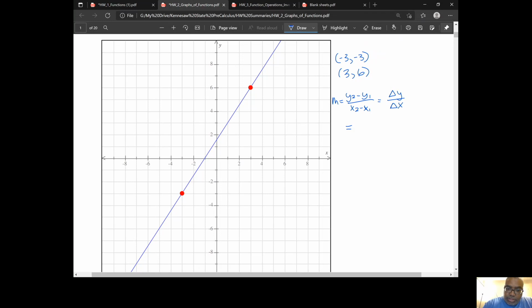In other words, I start at this point and I figure out my change in y value. 1, 2, 3, 4, 5, 6, 7, 8, 9. Then my change in x value. 1, 2, 3, 4, 5, 6.